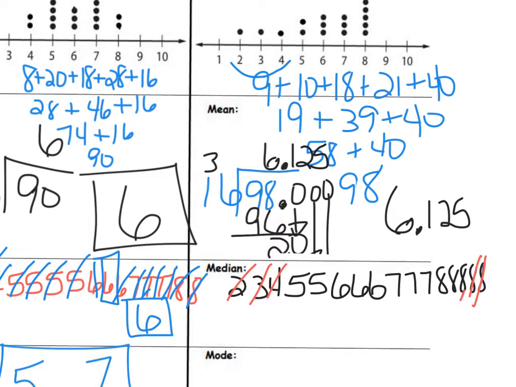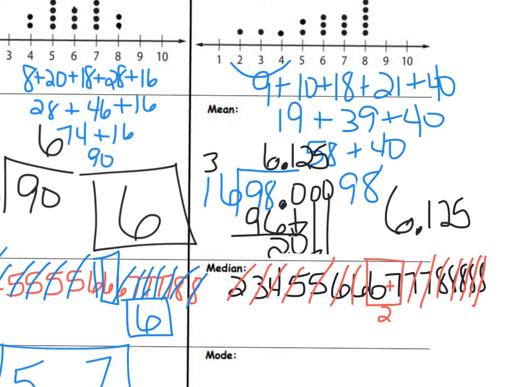And the reason I like the crossing out is because some students get confused when it's an even number, and then they say there's no median. It's two of them, right? So what do we do when there's 2 in the middle? You add them and then divide by 2.